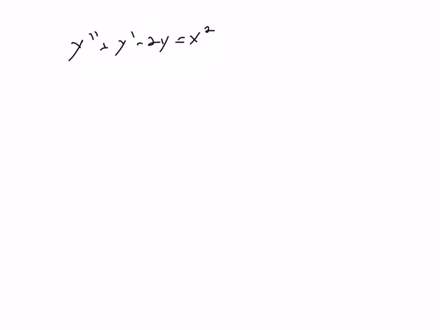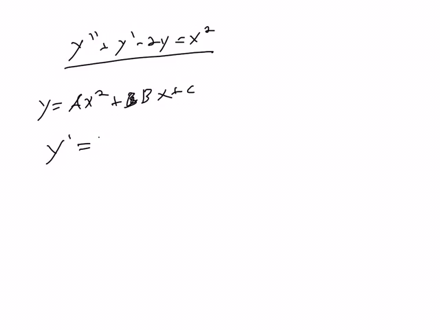And they're telling us that y equals ax squared plus bx plus c will, with certain constants, satisfy this equation. So let's find the constants. So y prime is going to be 2ax plus b, and y double prime is going to be 2a.